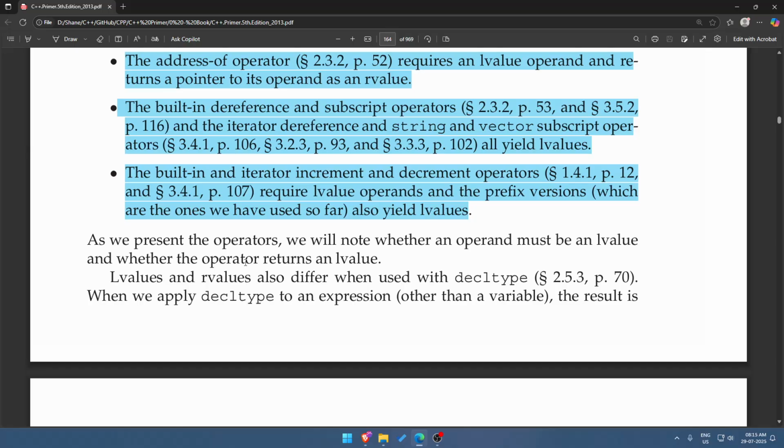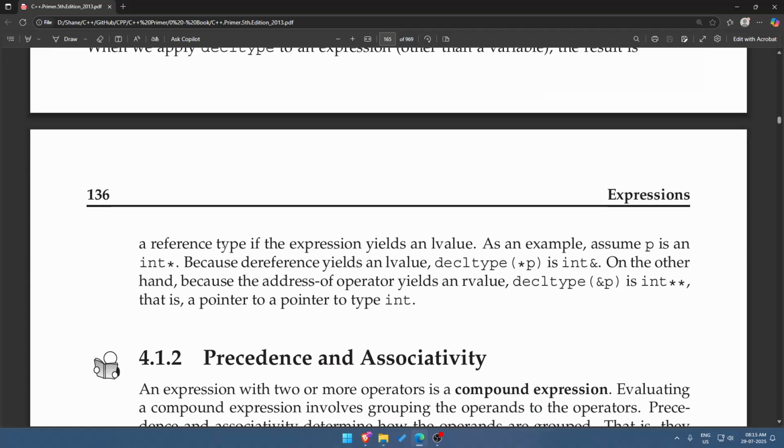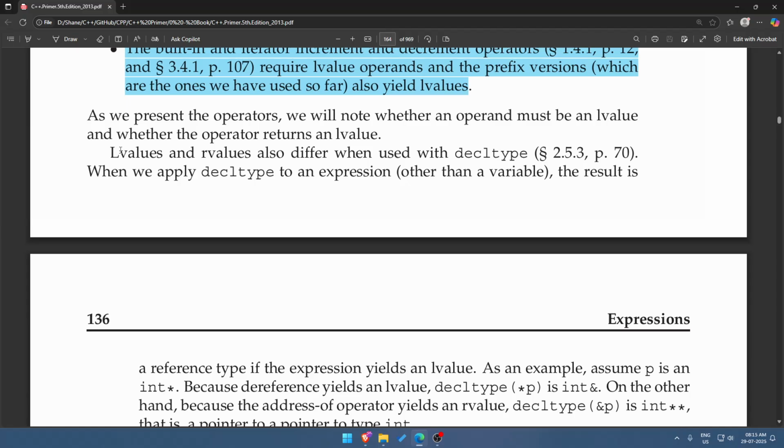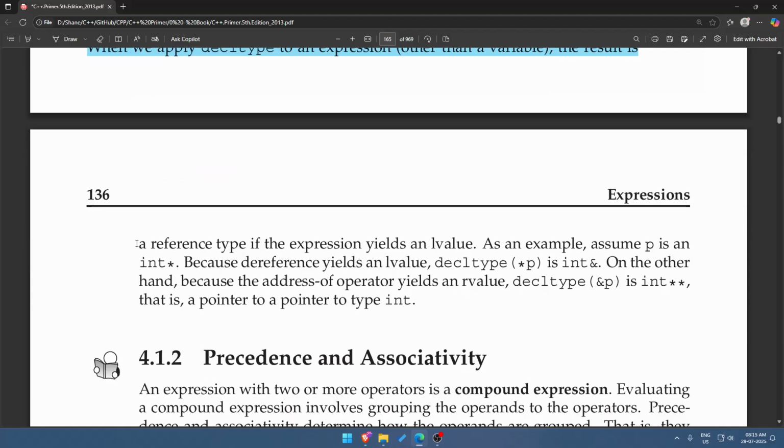L values and R values also differ when used with decltype. When we apply decltype to an expression other than a variable, the result is a reference type if the expression yields an L value.